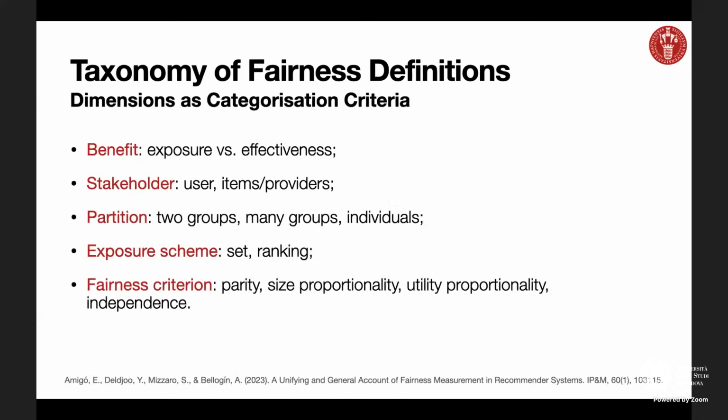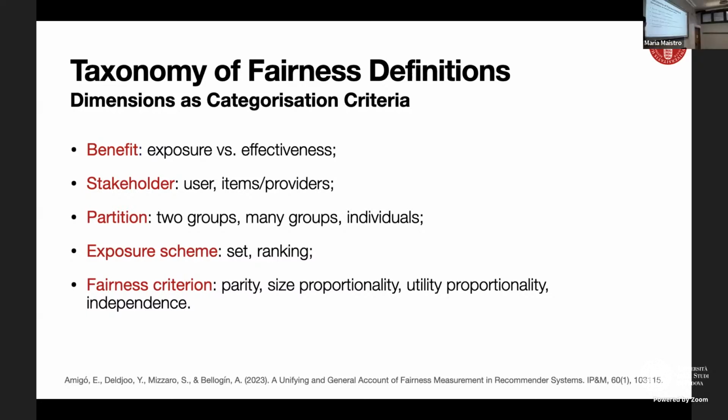The main dimensions that we have across all these definitions are summarized here. So one thing is benefits: if you use exposure or effectiveness. Exposure is how much visibility you give to documents, and effectiveness is related to relevance.